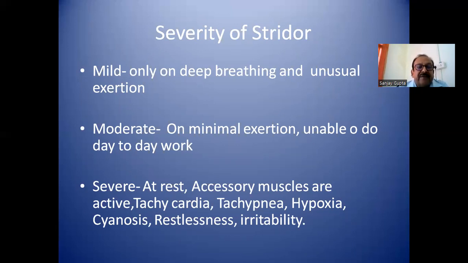When the stridor is severe, there is stridor at rest, the accessory muscles are active, there is tachycardia, the patient has got tachypnea, the respiratory rate is high, heart rate is high, hypoxia is there, oxygen saturation may be low, patient may be having cyanosis, restlessness, and irritability. The video you saw in the beginning of the lecture was demonstrating a severe respiratory stridor.